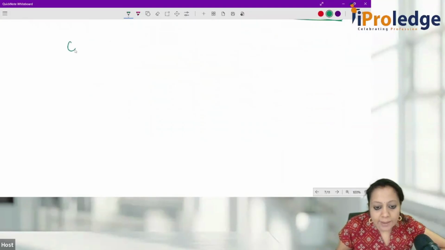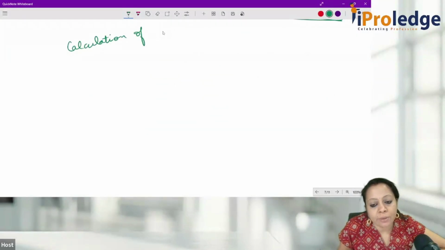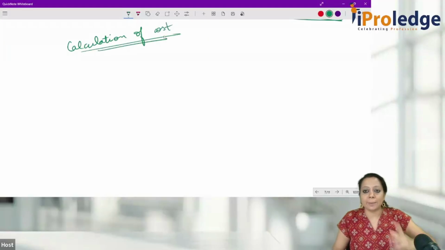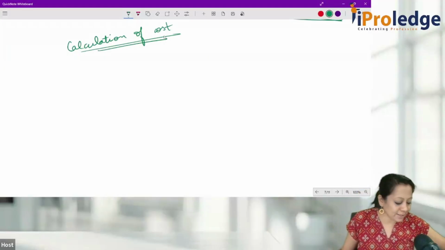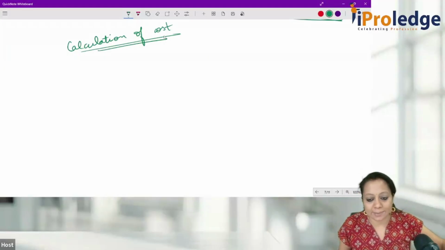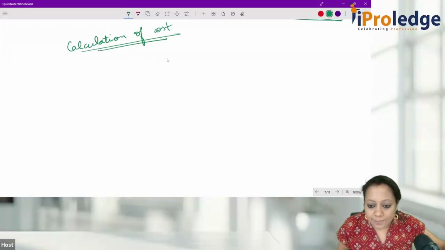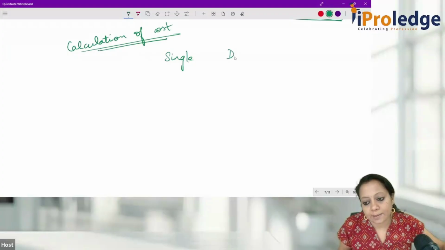Now, calculation of cost. Because I need to find out what is the room rent that I should charge for each type of room. So first I will calculate the cost, then I will take profit into consideration. Like that, we will proceed. So now it is going to be single, double, and triple.